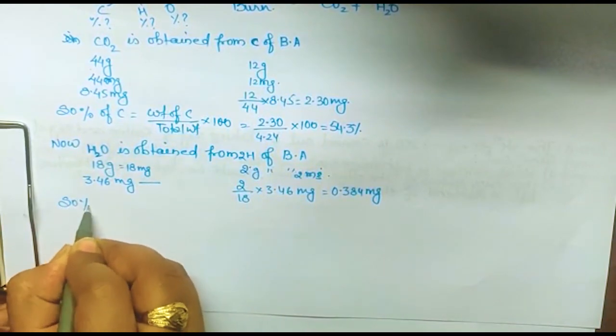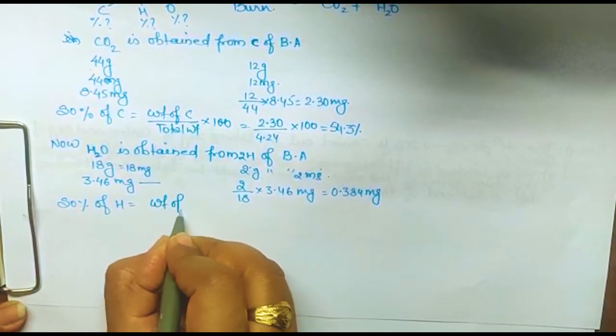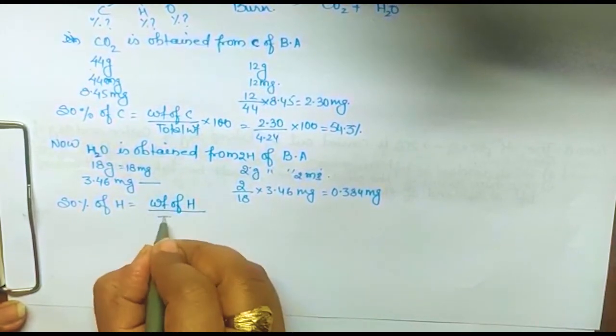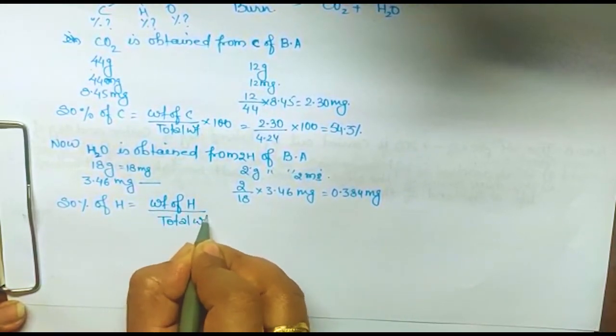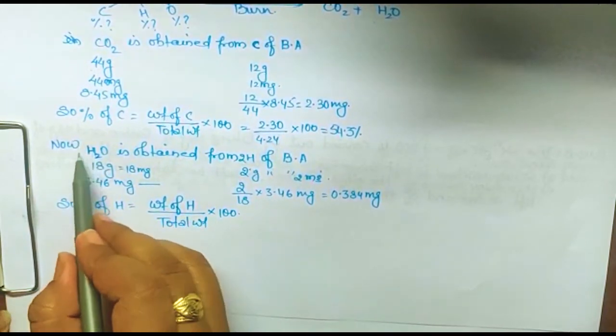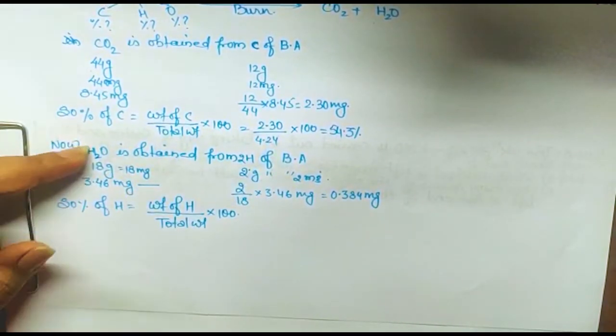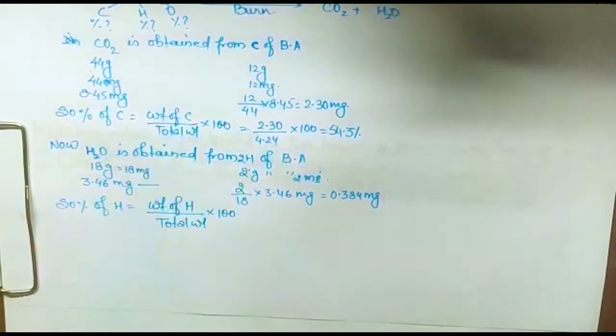So now the percentage of hydrogen is the weight of hydrogen upon total weight into 100. Why are we taking 2? Is it clear? Because we are getting H2O, so at any cost it must be 2. We need 2 hydrogen here, so there must be 2 hydrogen here. The rest we will see afterwards.